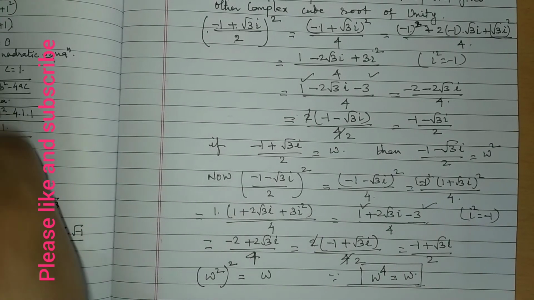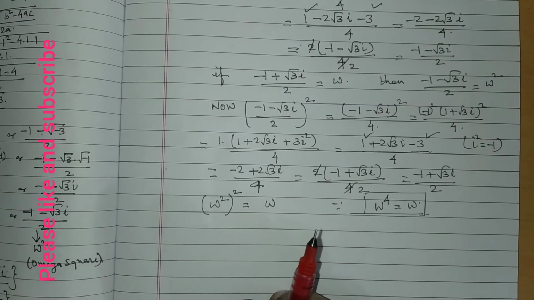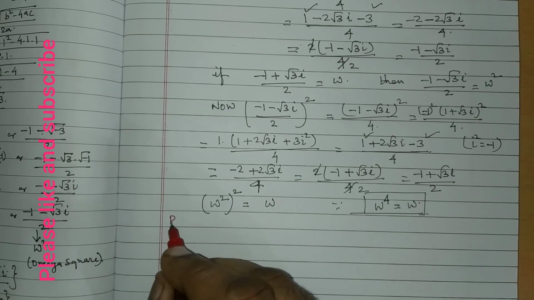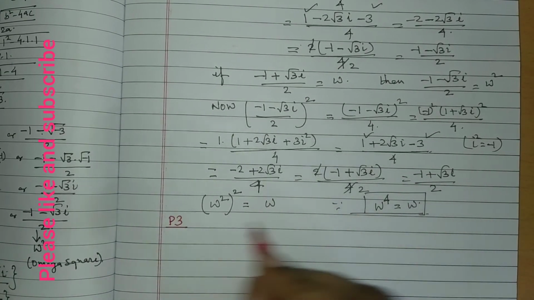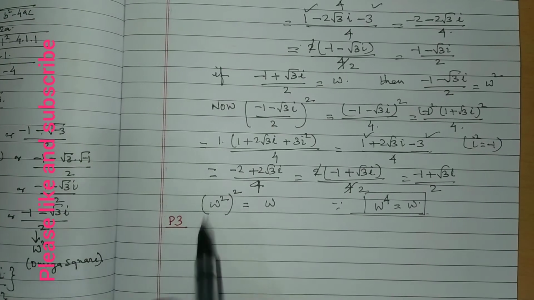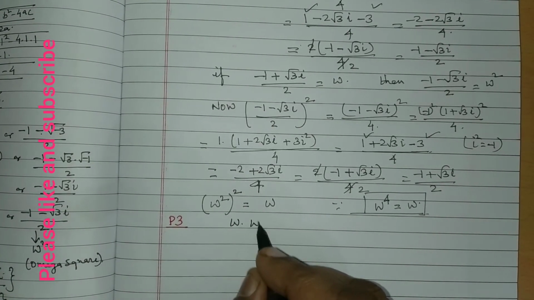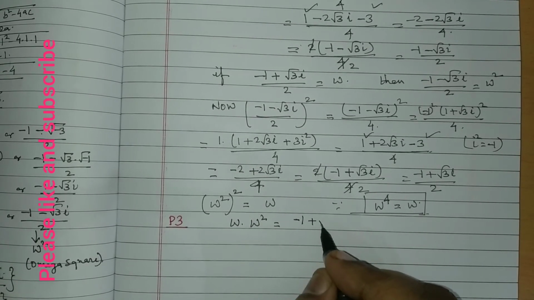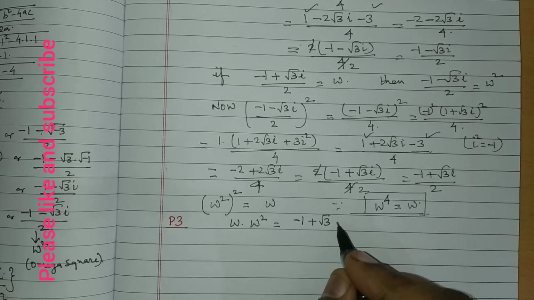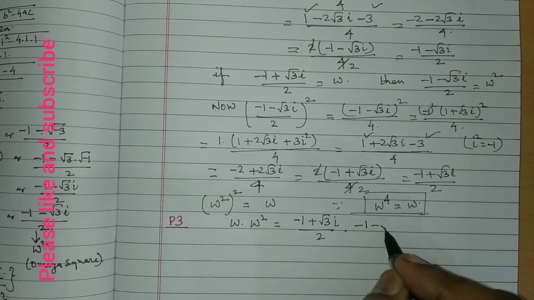Now property third. So here we will just discuss about the property third, so that this will become clear to you. Now the product of, suppose, omega and omega square. So omega is the first complex cube root of unity, -1 plus root 3i by 2, and this is -1 minus root 3i by 2.